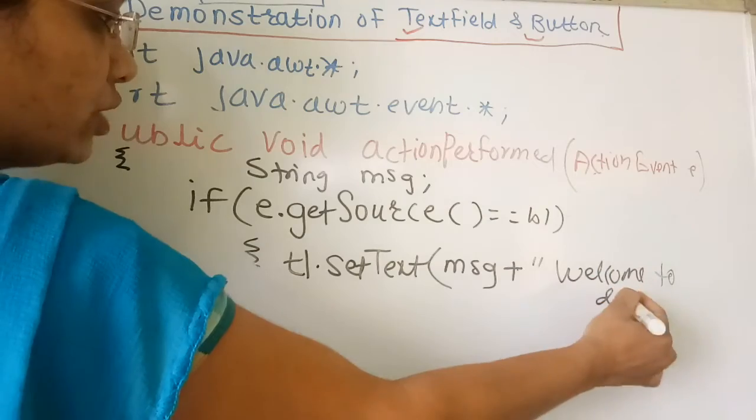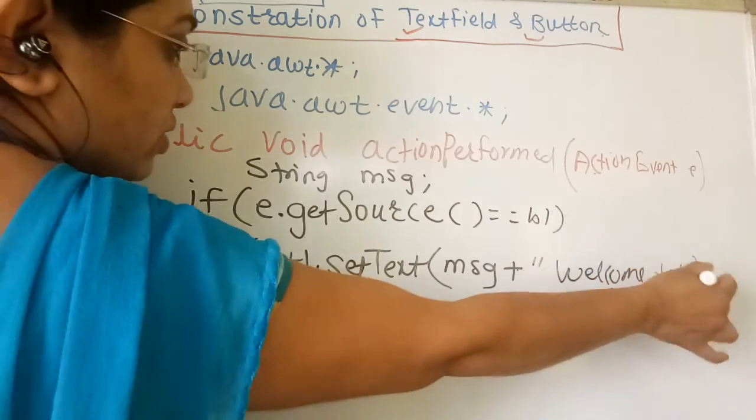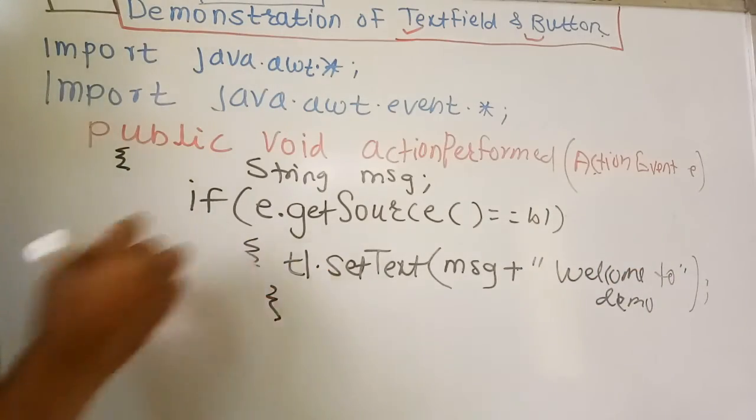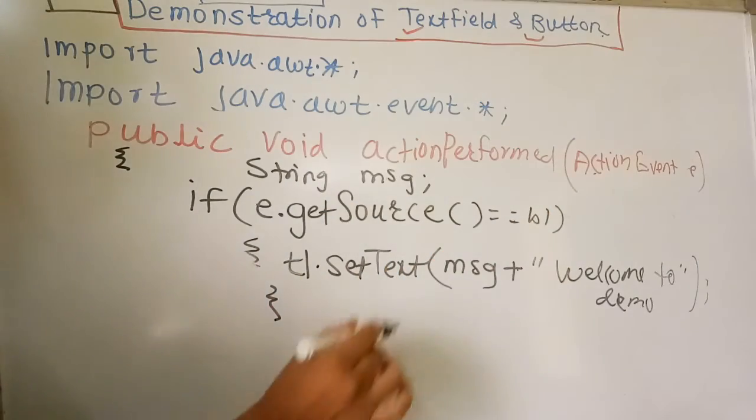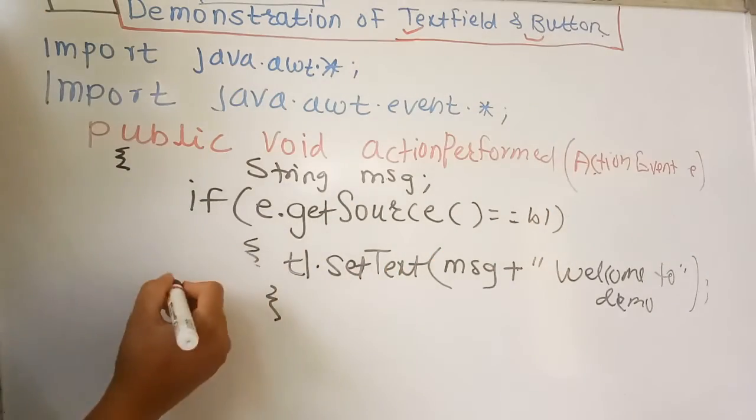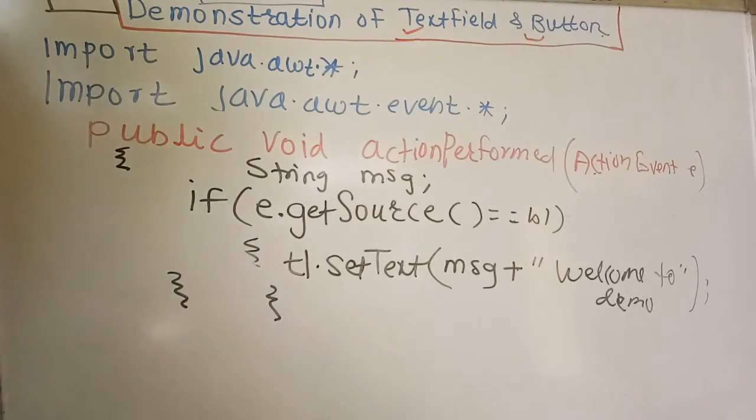Now the action event is completed. When you click on the button, you will set the text like "Welcome to demo". So this is the completion of the actionPerformed method.